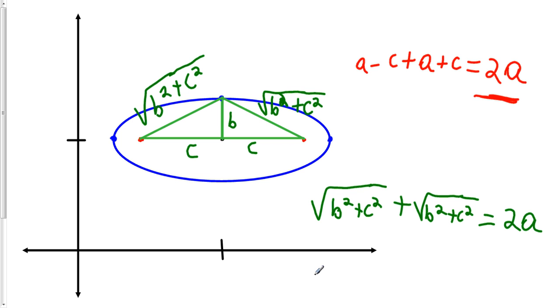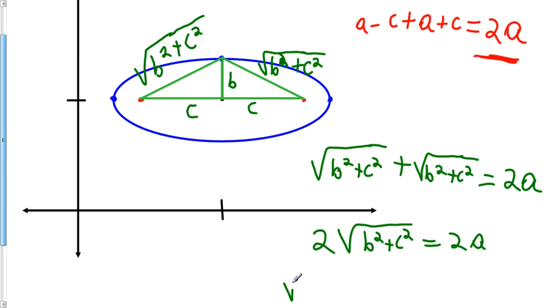That's the definition. So we get 2 times the square root of b squared plus c squared equals 2a. Divide both sides by 2 to get the square root of b squared plus c squared equals a.